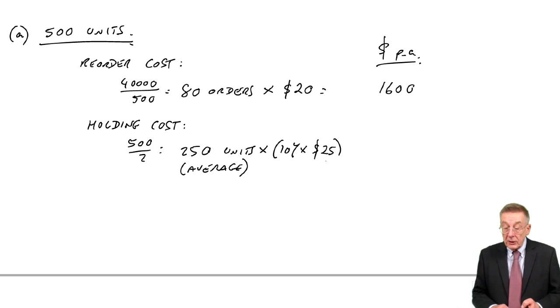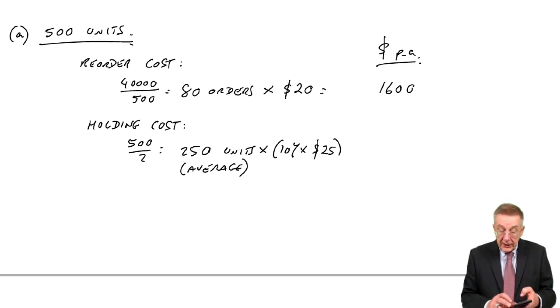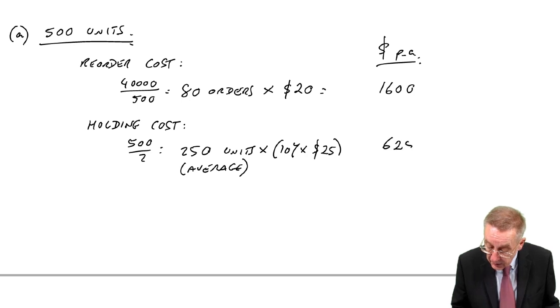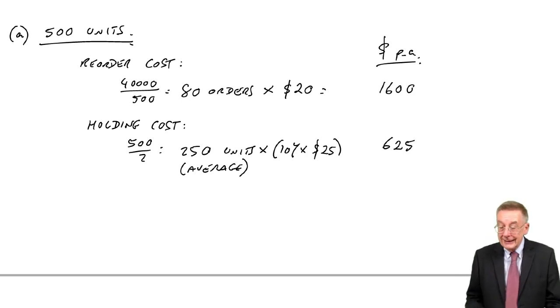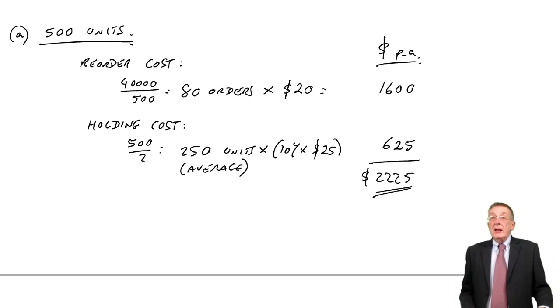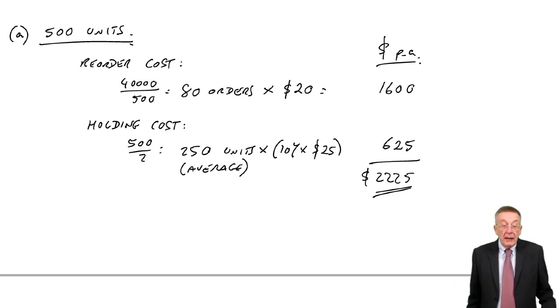And so what's the total cost over a year? 250 units at $2.50 each. $625. A total of $2,225. So those are the inventory costs if it's 500 units each time.